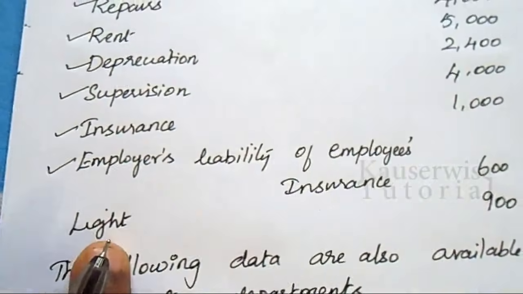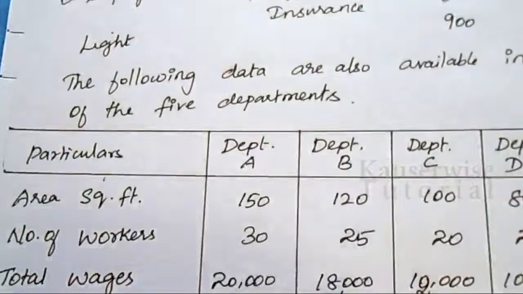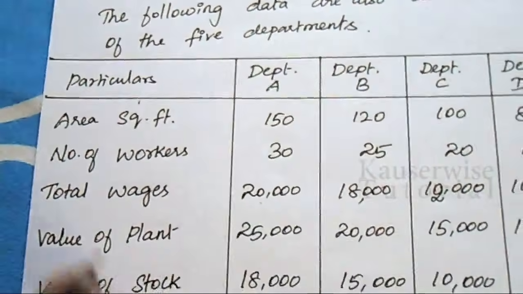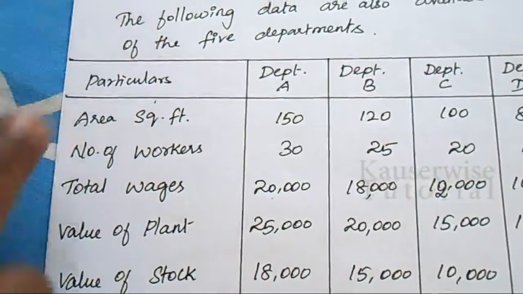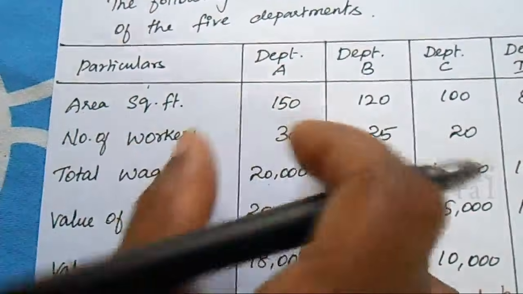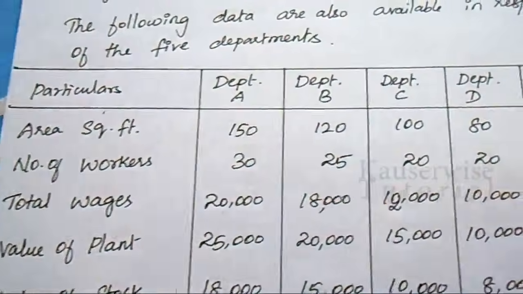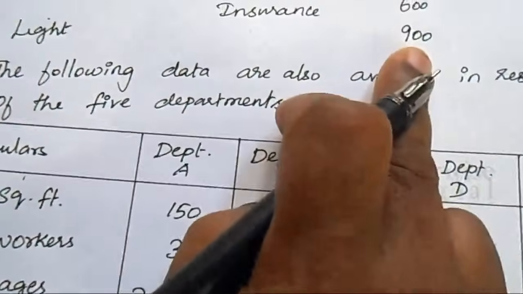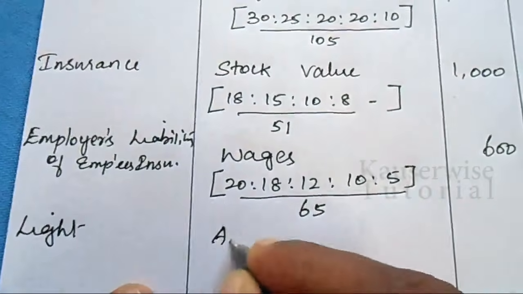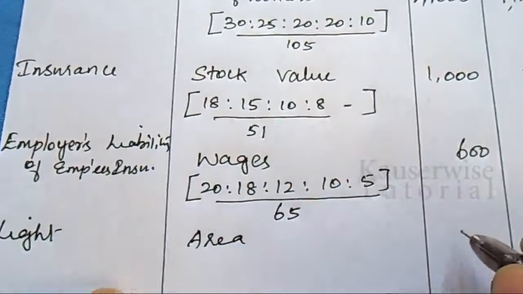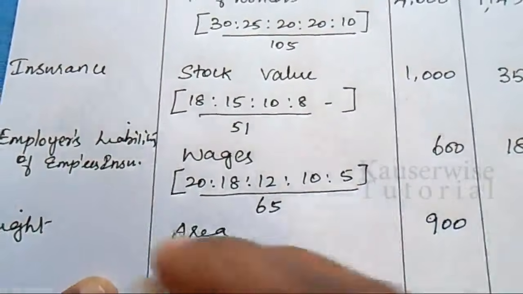Next one, light. How much? 900. On what basis will you divide? Just see, the term light is applicable with the area, the square area. How much area is occupied by the different departments? Based on that, you can apportion the lighting expense. Based on area, 900.